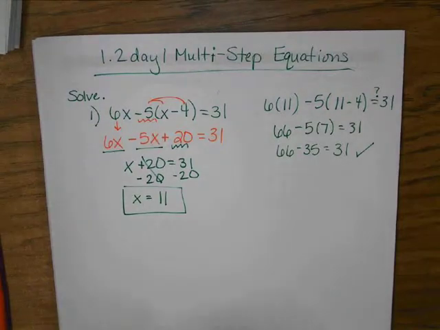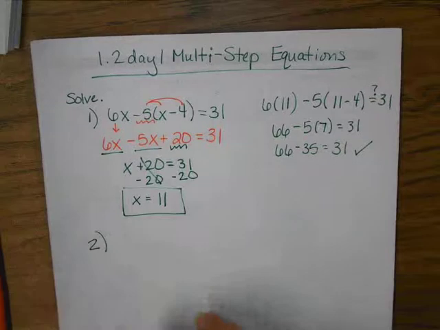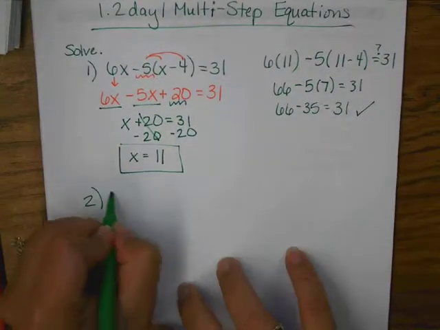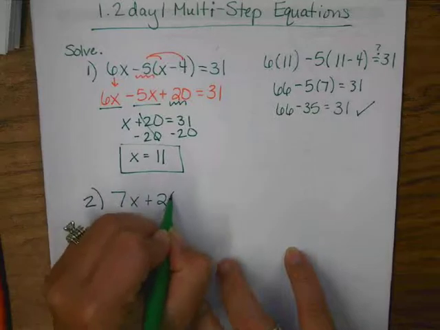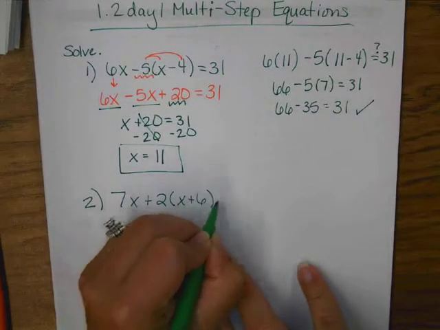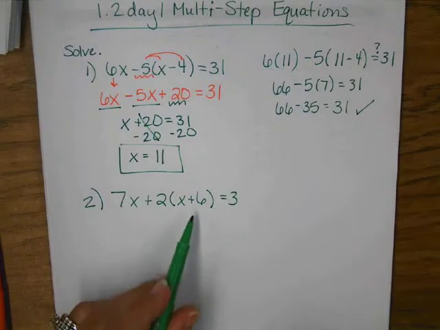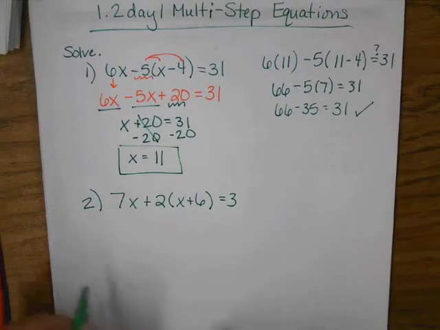So now I'm going to put some problems up. These are for you to complete. If you have questions, you need to come in and see me before class. I will check these. I've got 7x plus 2 times the quantity x plus 6 equals 3.